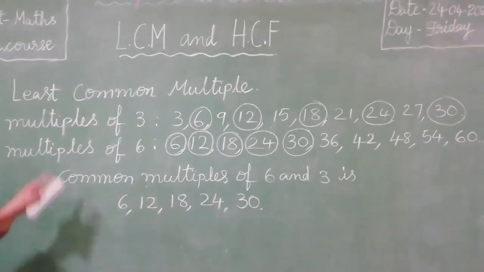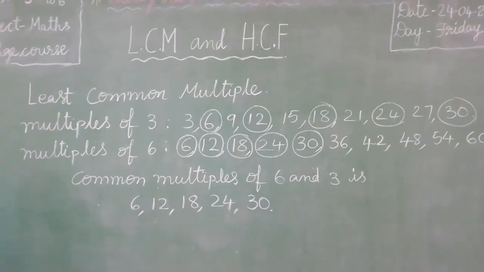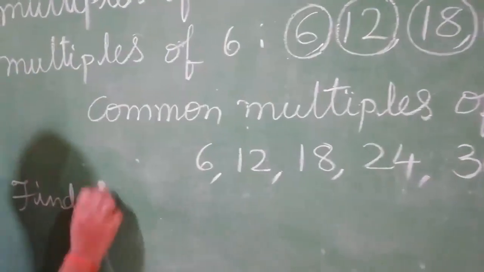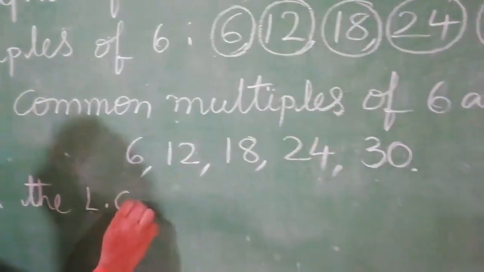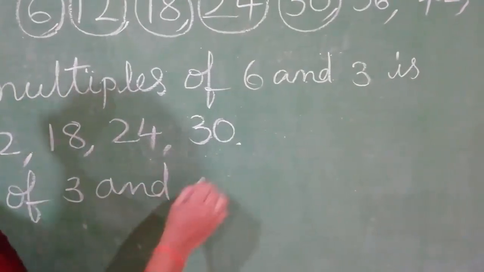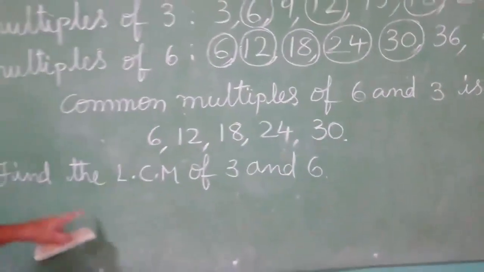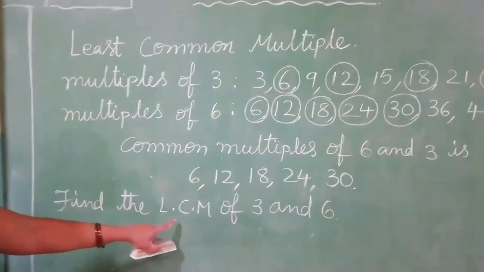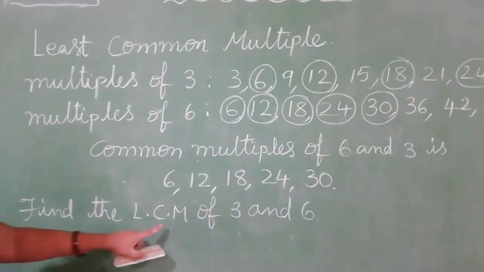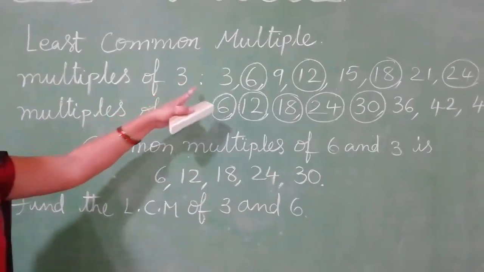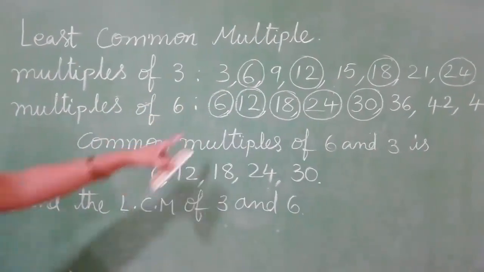Now we find the LCM of 3 and 6. What numbers are given to find the LCM? 3 and 6. Before I told, what is the full form of LCM? Least common multiple. Now check the multiples. These are the 3 multiples, these are the multiples of 6.